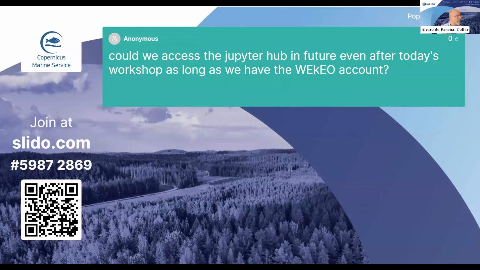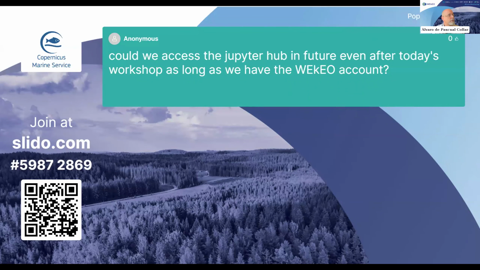Well, I don't know the policy in WEkEO about this, but navigating through WEkEO in the public folder, you can see two different trainings available in the public WEkEO training folder.